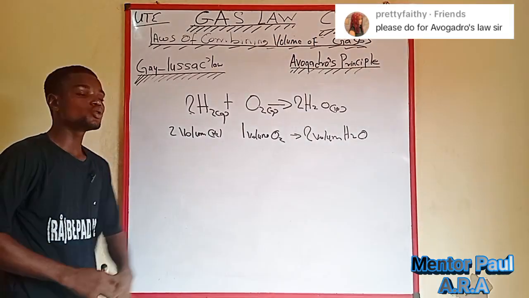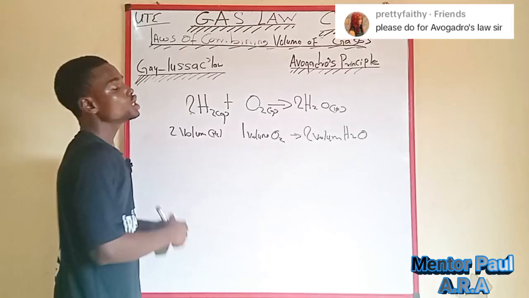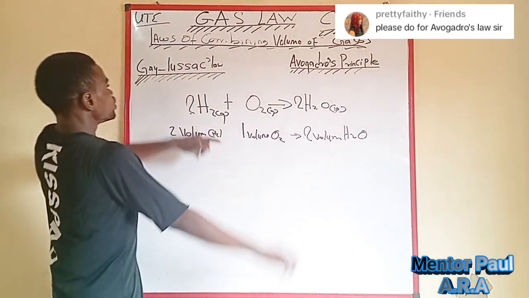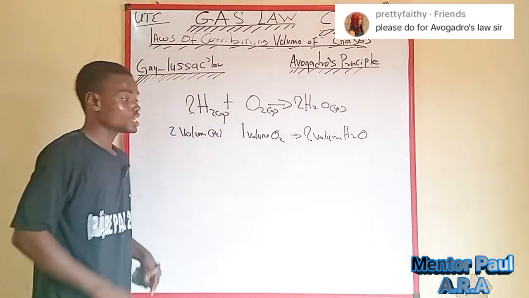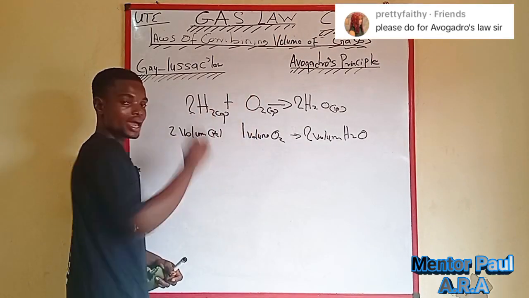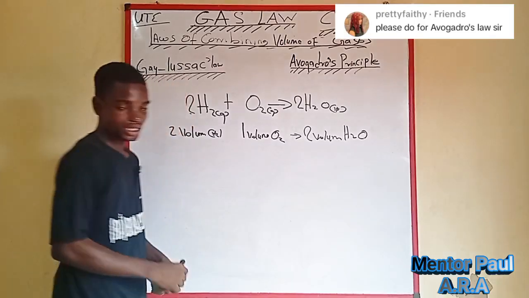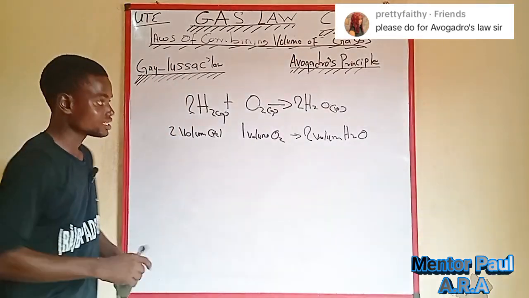So this will guide you in your experiment as a science student, so that if you want to do any reaction, remember that the Gay-Lussac law says that you will need 2 volumes of hydrogen to react with 1 volume to give you 2 volumes of product. I will make 2 examples.